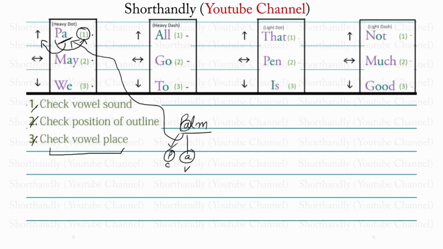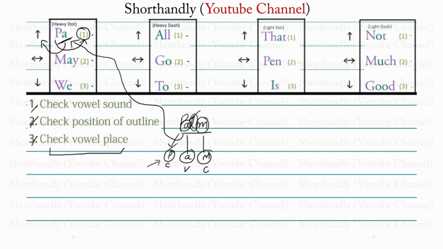Then we have this L and M, but we won't be taking both of these, because if we pronounce this word it goes like palm, so we are just getting the M sound because L is silent here. So we will just take the M. We won't be taking the L consonant. So now just take the M consonant or M curve. This is a consonant. All right, so in order to make this word palm, we have to convert these into Pitman Shorthand.